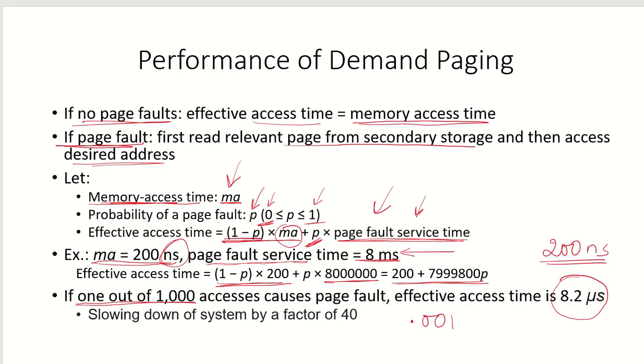Now the effective access time has become 8.2 microseconds. That means the system slows down by a factor of 40. So even with a very small probability of a page fault, the system still slows down by 40. So the requirement is that the number of page faults should be minimized.